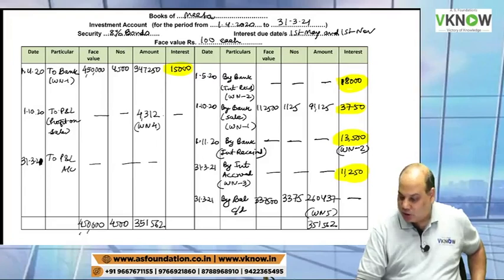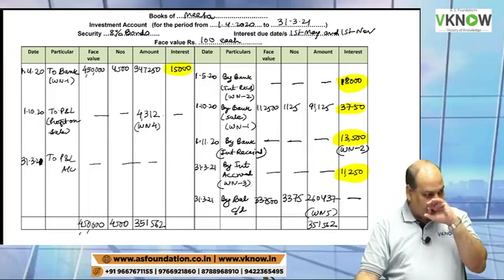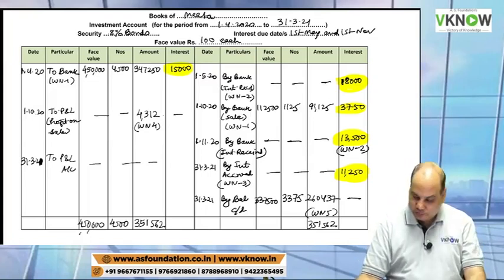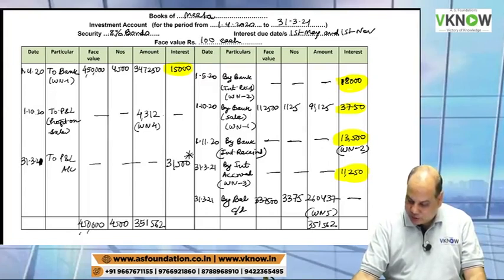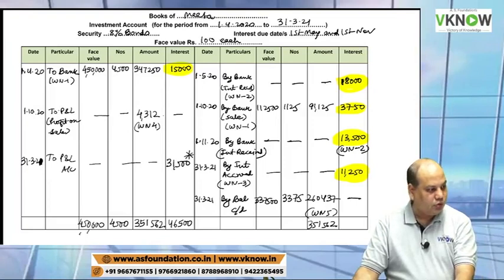How much is interest transferred to P&L account? Credit side total minus debit side. 31,500 is the balancing figure here, and total of this is 46,500.